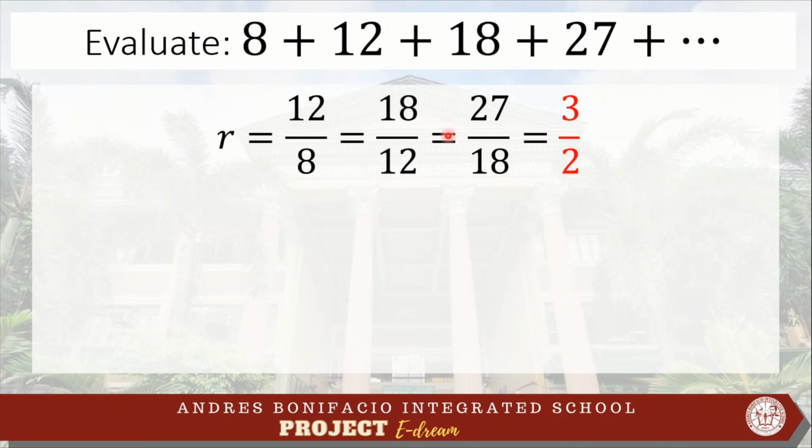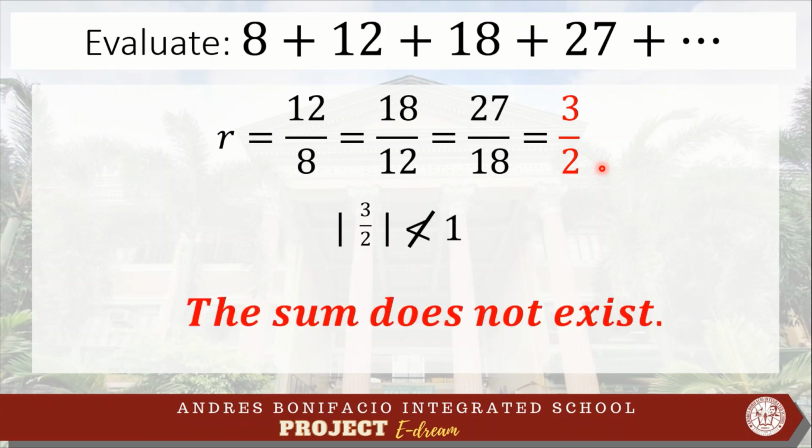All of these will come up with a common ratio of 3 halves. The absolute value of 3 halves is still 3 halves, and it is not less than 1. So it is impossible for us to find the sum of this infinite geometric series. Thus, we say that the sum does not exist.